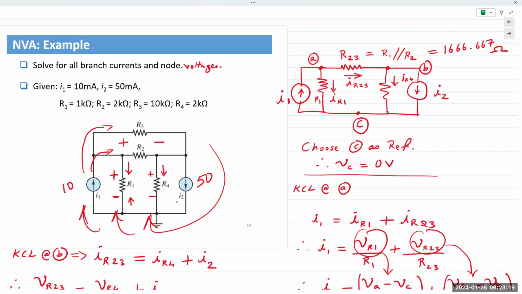If I'm assuming current going up, then I assign a polarity for the voltage. So the point of entry would be plus, and here would be minus. That's why our equations and our answers will always be correct, because the voltage polarity that we assign is based off of the direction of the current that we chose, which is coming down from the top. If we choose going up, then the voltage polarity is positive at the bottom. Again, current always flows from high to low, plus to minus. So the point of entry is always plus, the point of exit is minus.